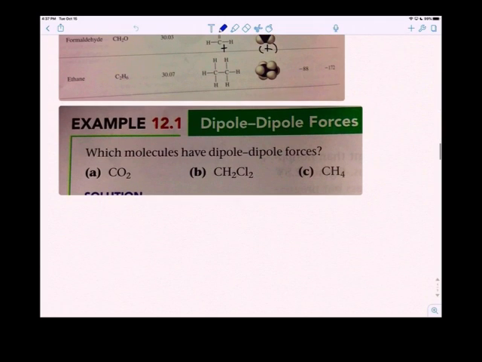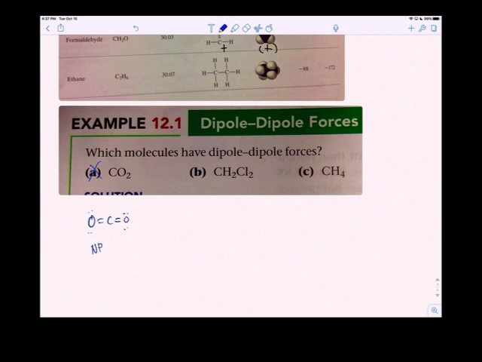Okay, so which of these molecules have dipole-dipole forces? To do this, you have to remember how to do Lewis structures. This is the Lewis structure for carbon dioxide. It's a linear, nonpolar molecule, so carbon dioxide does not.